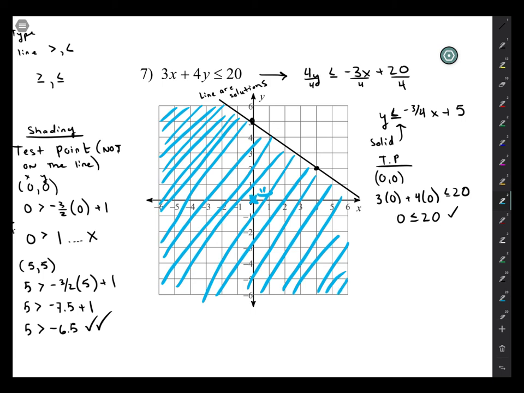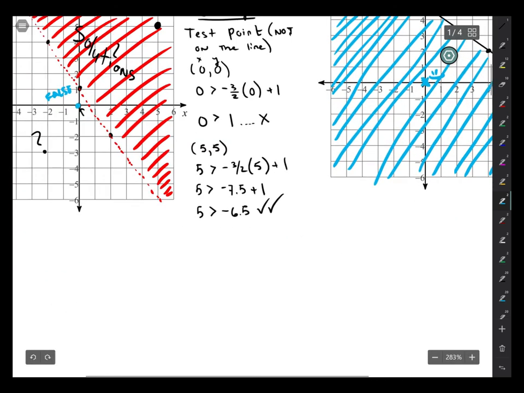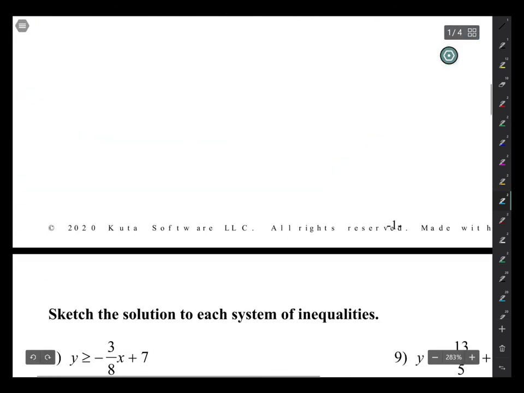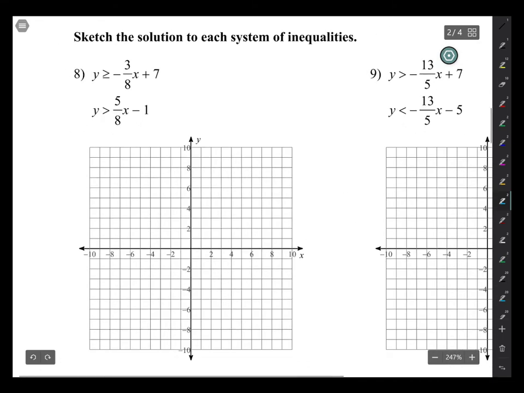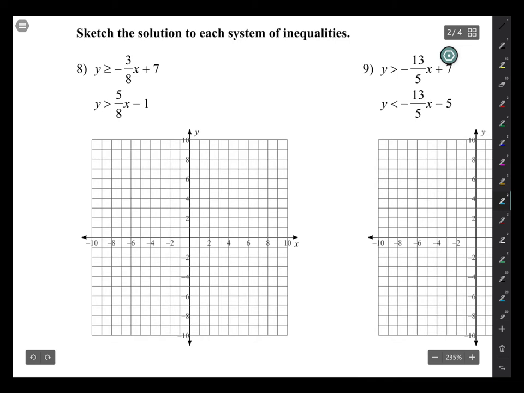Alrighty, so line type and all that. Now applying that to systems, and we're going to do some word problems in the future with these. With systems of inequalities, it's really just graphing, so don't let it scare you. But you want to focus on each individually. So I'm going to graph the red equation here first.